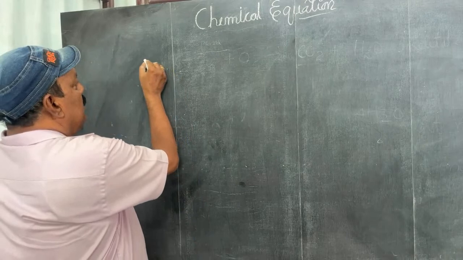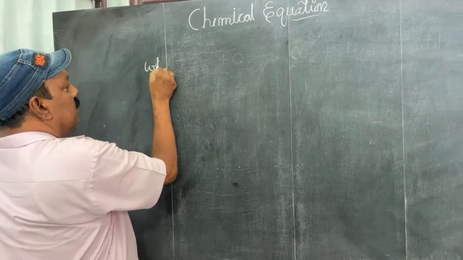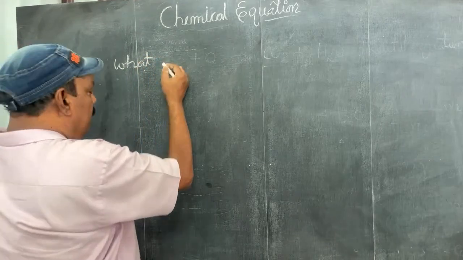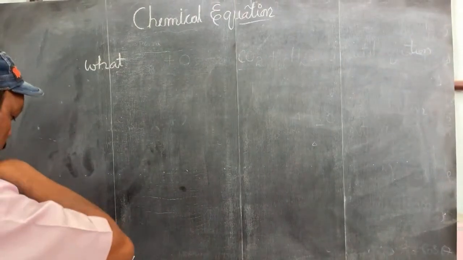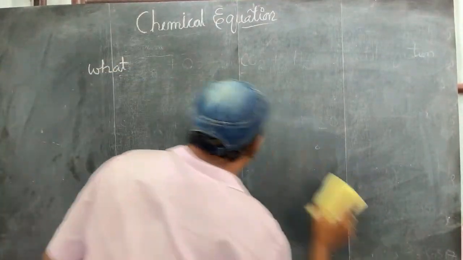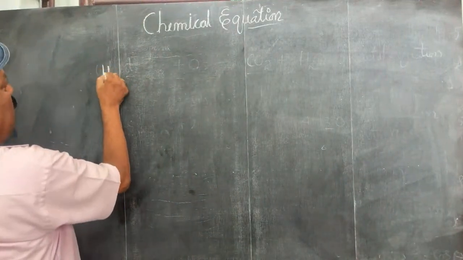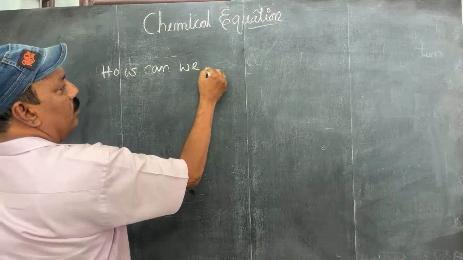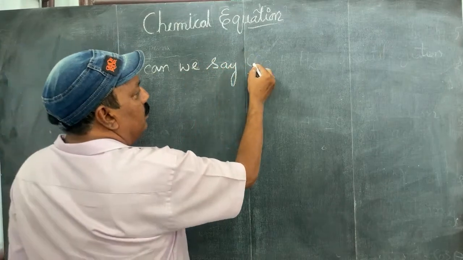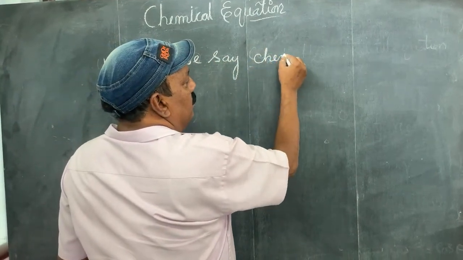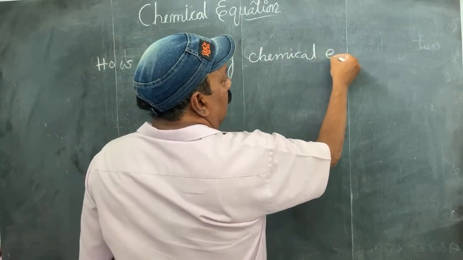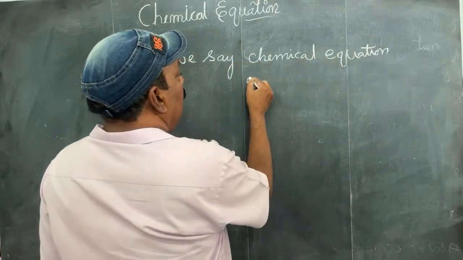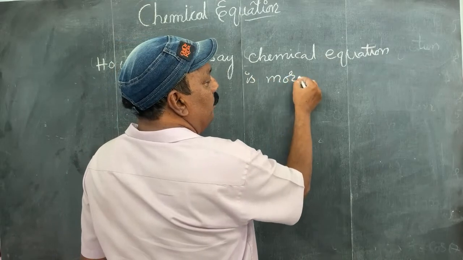Now, the second topic is what makes the chemical equation more informative?